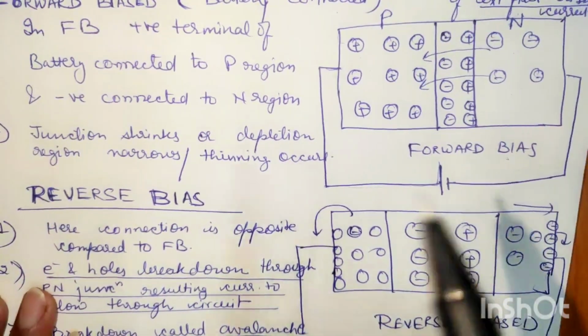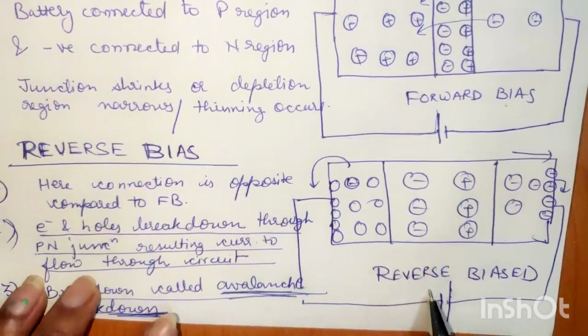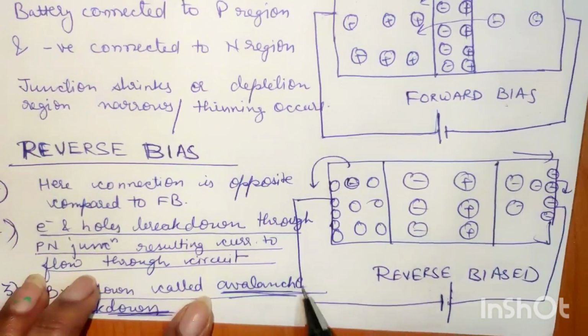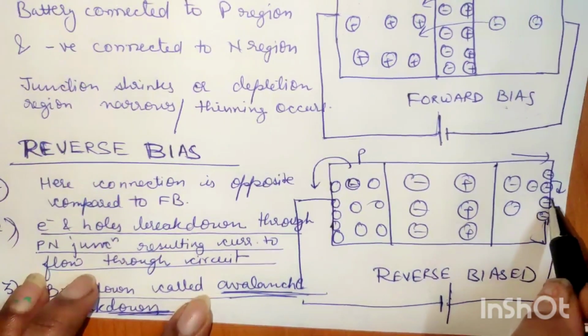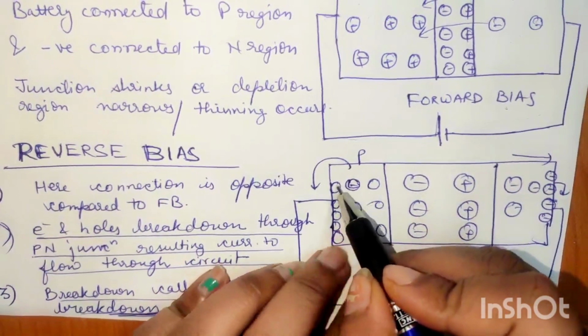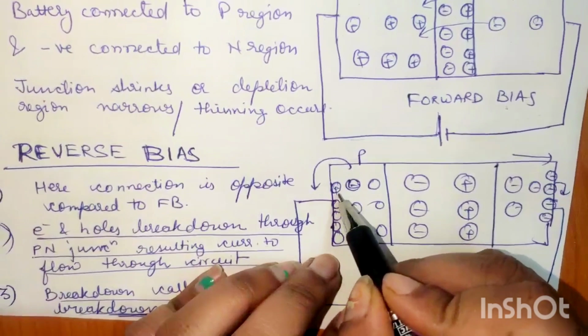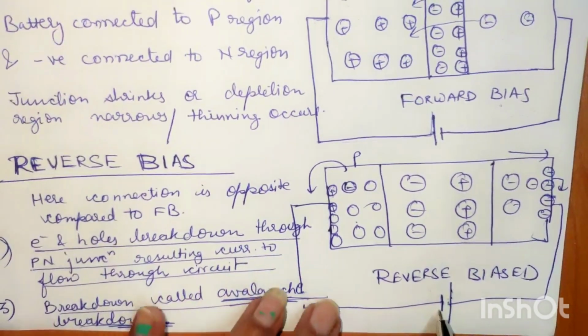And opposite to this criteria, in a reverse bias mode, we have to connect the negative side of the battery to the P region and the positive side of the battery to the N region. इसमें क्या होगा, बस हमने opposite connection कर दिया है. अब हमें पता है कि हमेशा पॉजिटिव चार्जेस जो हैं वो नेगेटिव की तरफ अट्रैक्ट होते हैं, तो हमने बैटरी को कनेक्ट किया है.